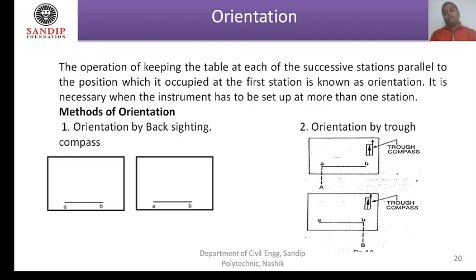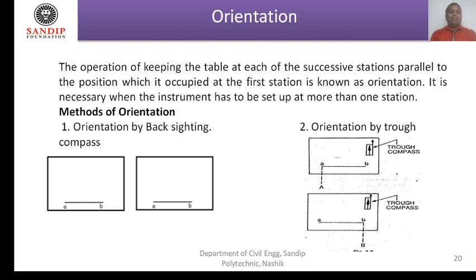It is necessary whenever we are using more than one station or shifting the plane table; we have to do orientation first so that we can proceed further. Orientation can be done by using a trough compass and by the backsighting method. In backsighting, we have to use an alidade.